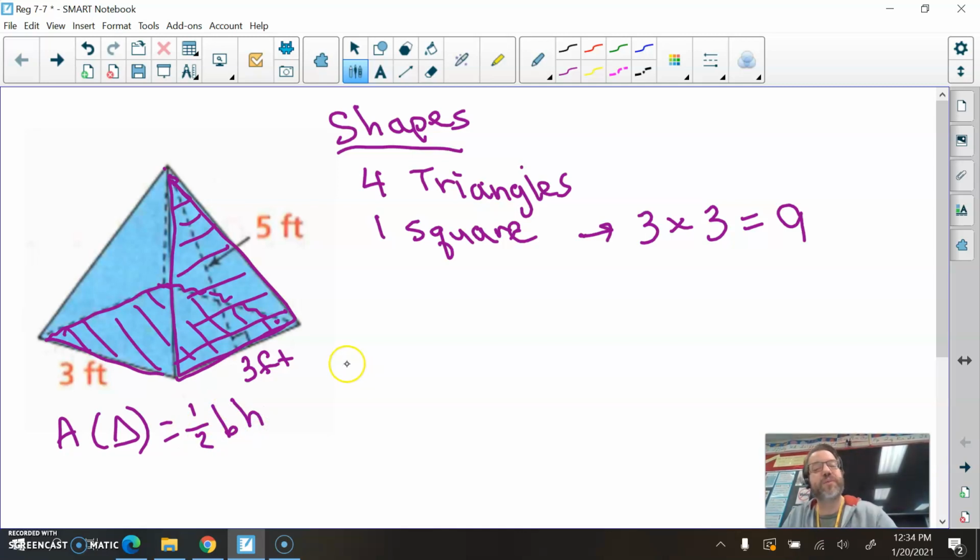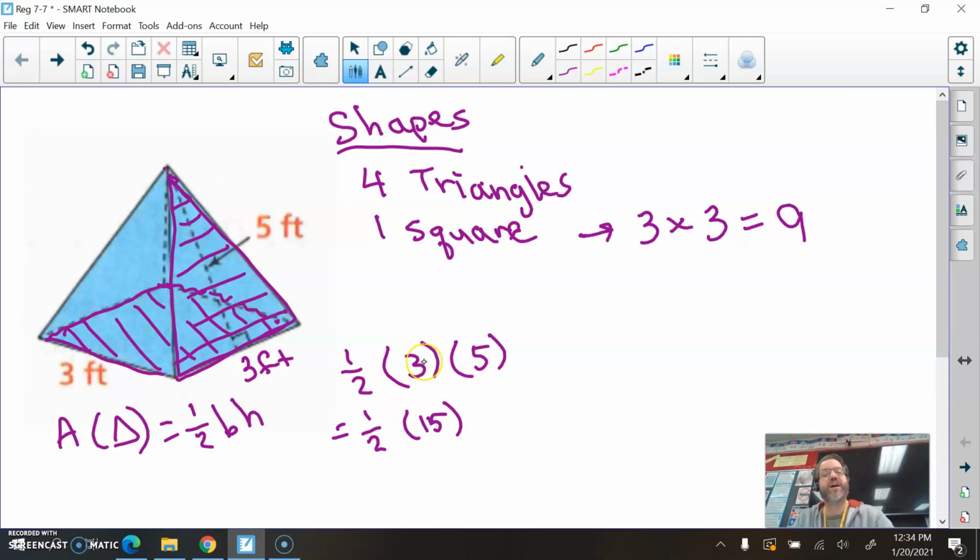So in this case, that would be 1/2 times the base, 3, times the height, which is 5. And so that would equal 1/2 times 15, since 3 times 5 is 15. And half times 15 is 7.5, or 7 and 1/2.